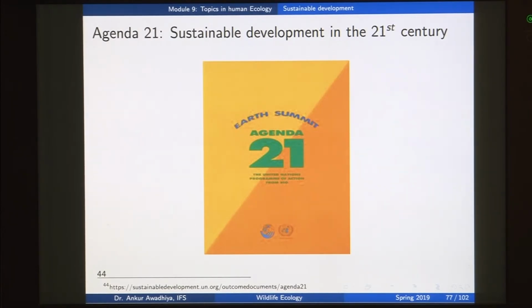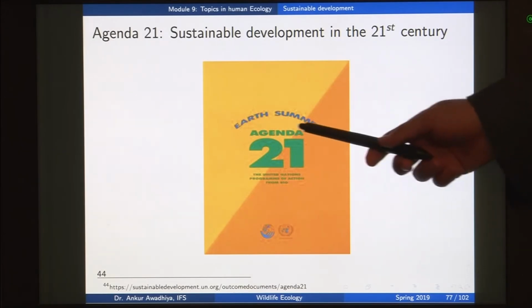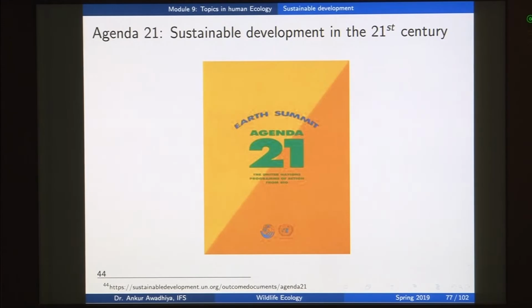Now, Agenda 21 is an agenda that came up in the Rio Summit or the Earth Summit in 1992, and in this document the world community agreed that there are certain sectors in which we need to work, we need to create situations so that we are able to conserve the resources.